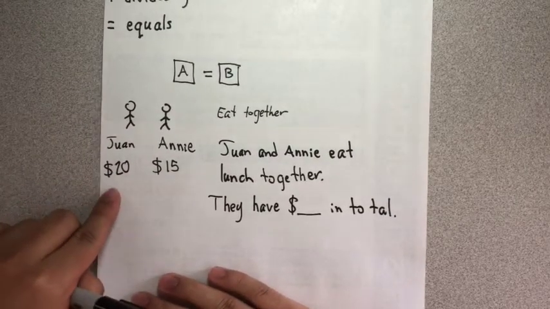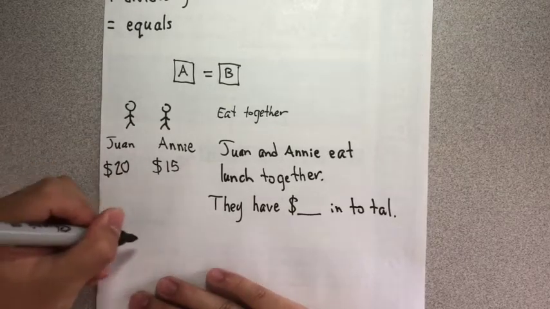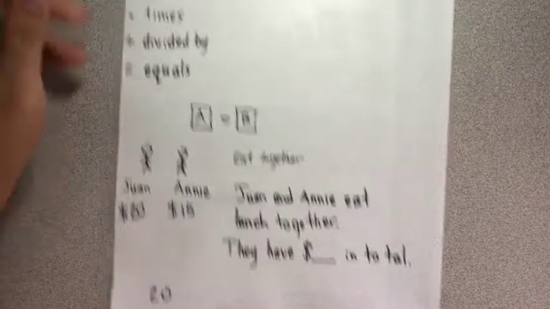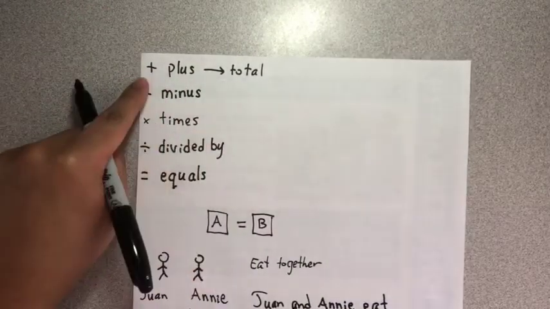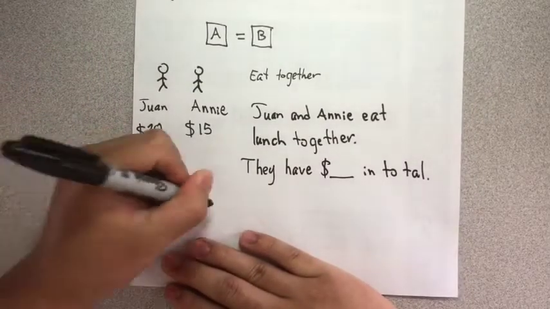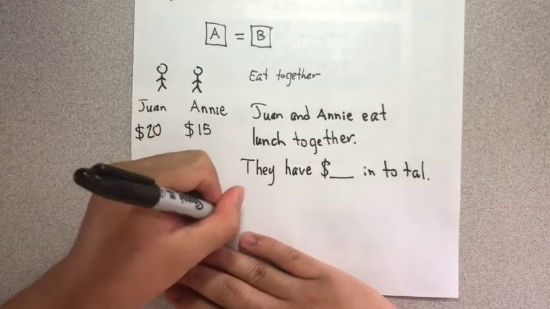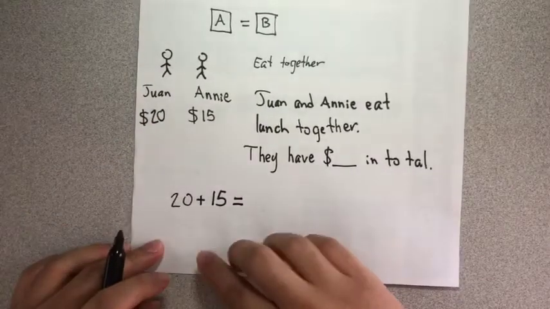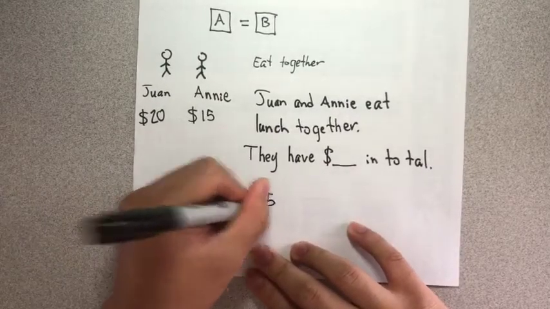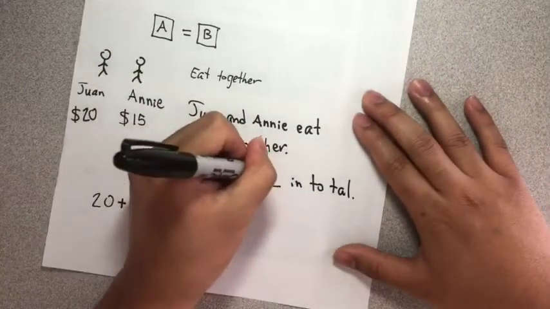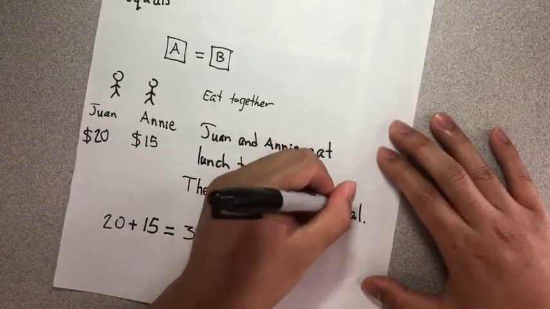Let's see. Well, Juan has $20 and Annie has $15. So we have $20 plus, because we're adding, we want to know the total, so we use the plus sign. $20 plus $15 equals, okay, well, $20 and $15 is $35. So they have $35 in total. That's a letter T, sorry.